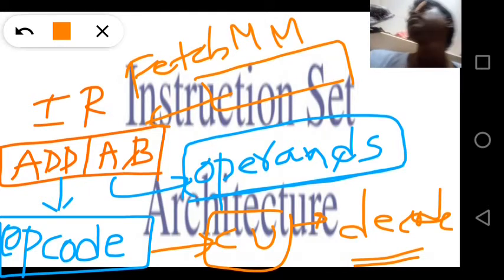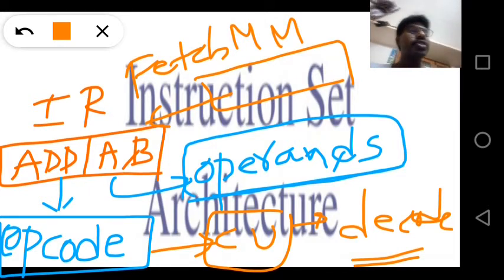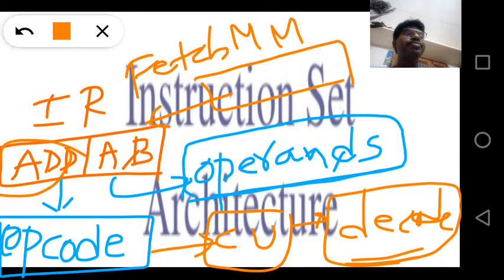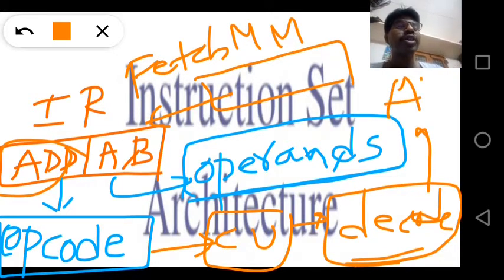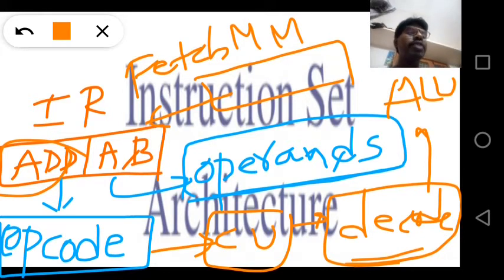This is called fetching of an instruction. After fetching an instruction, the control unit has to take the opcode part and decode it. After decoding, it will send a signal to the ALU. Now the ALU has to execute. If the ALU wants to execute, it needs operands.